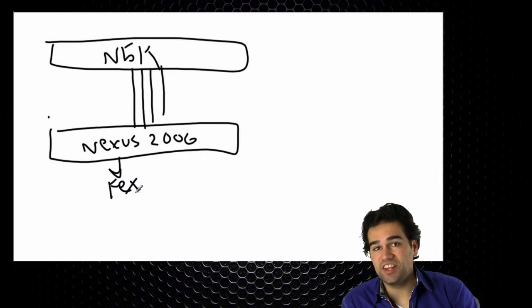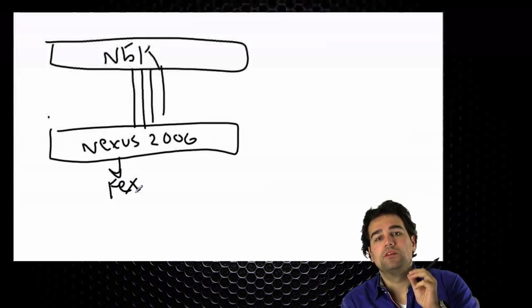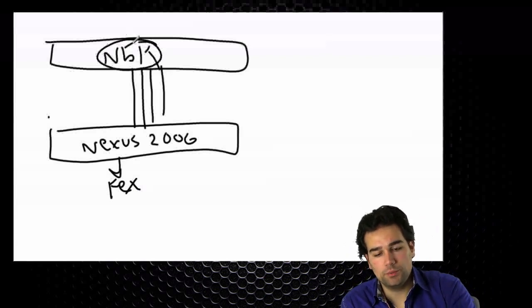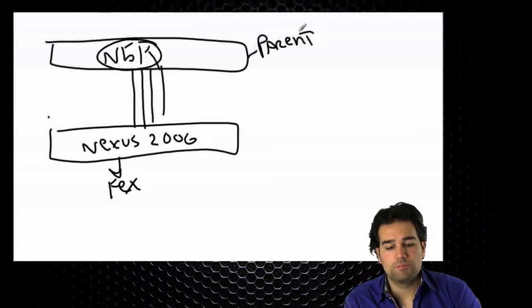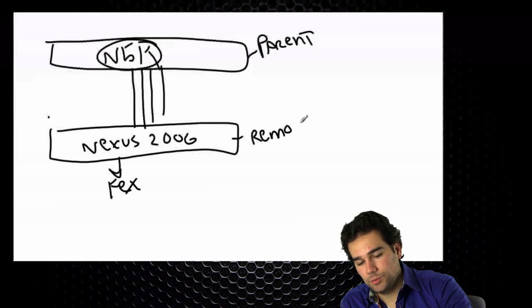A fabric extender is seen configuration-wise as a remote line card of the Nexus 5K, or what's called a parent switch. This parent switch sees a remote line card connected to it.